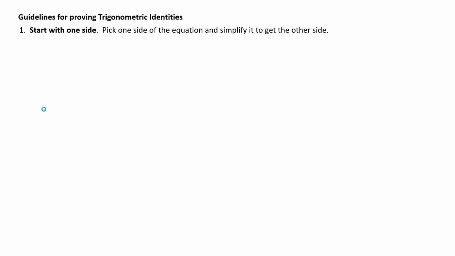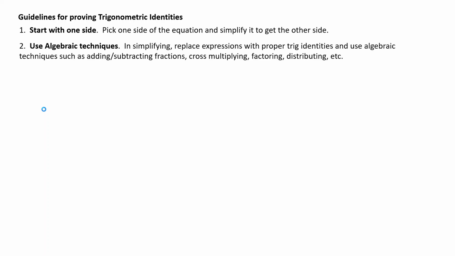Well, one thing is start with one side and simplify it so that you get the other side. And also use algebraic techniques in simplifying, replace expressions with proper trig identities, and use algebraic techniques such as adding, subtracting fractions, cross multiplying, factoring, distributing, all kinds of things that you have learned with x, y's, z's before.